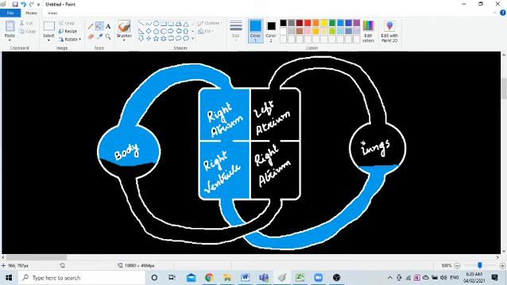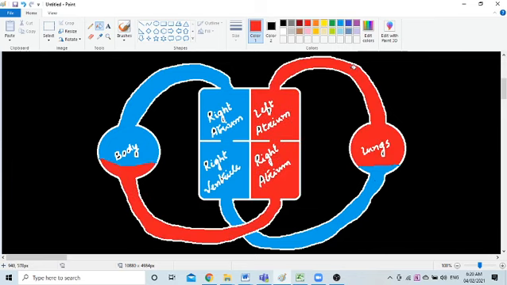Now this blood becomes pure, and so it will follow this particular path. It will come from the lungs, go to the left atrium, then the left ventricle, and from here it goes to the entire body.